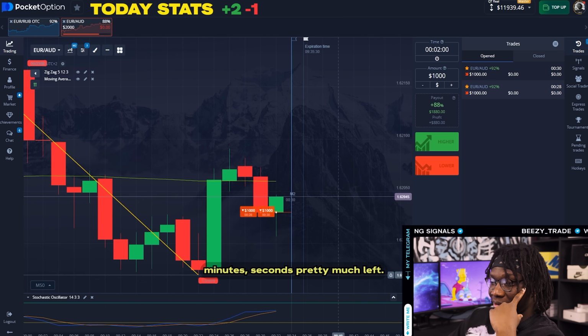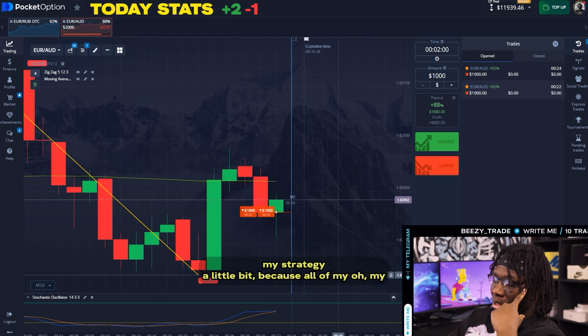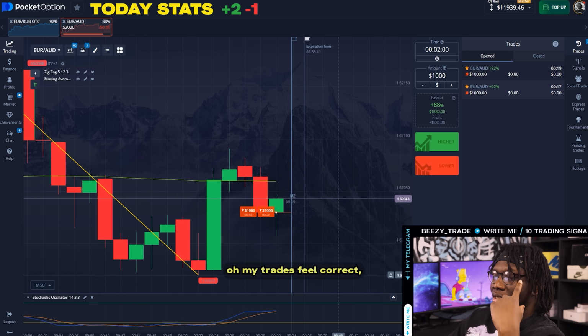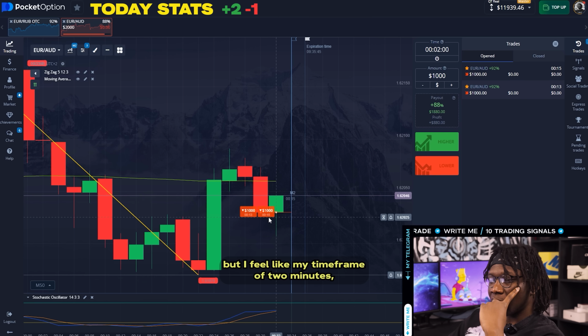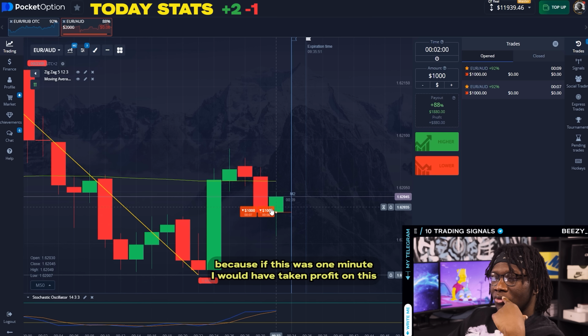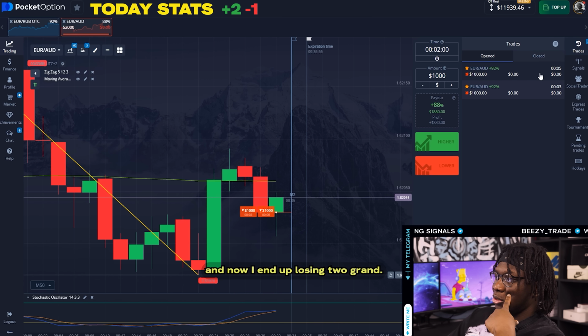seconds pretty much left. I'm thinking what I could do is switch my strategy a little bit, because all of my trades feel correct, but I feel like with my time frame of 2 minutes, I'm losing a lot, because at the end of the day, if this was 1 minute, I would have taken profit on this, and now I end up losing $2,000.